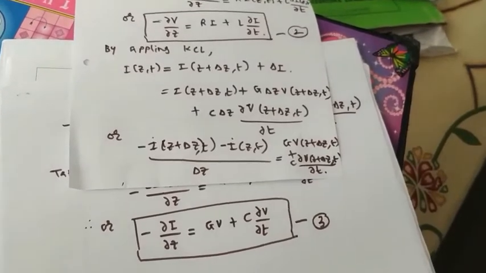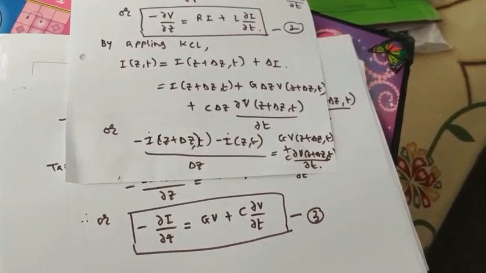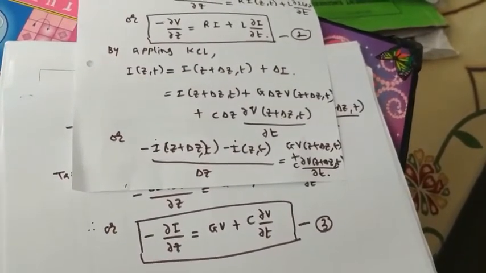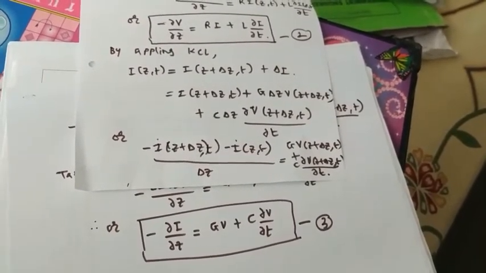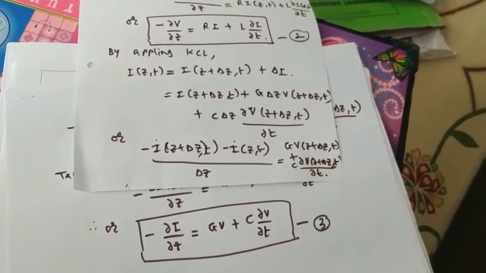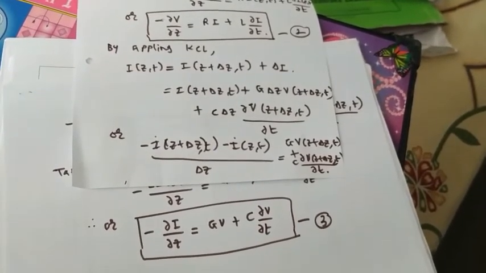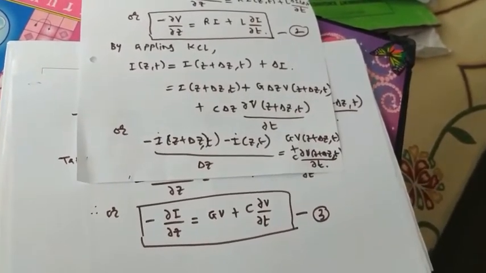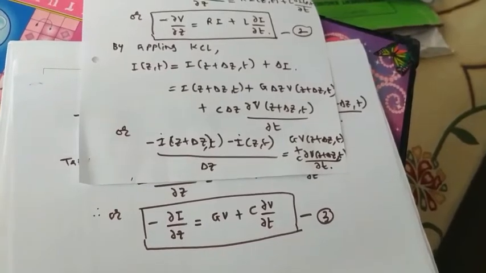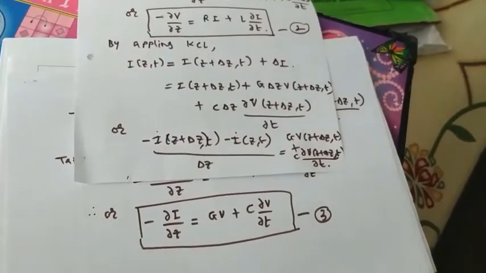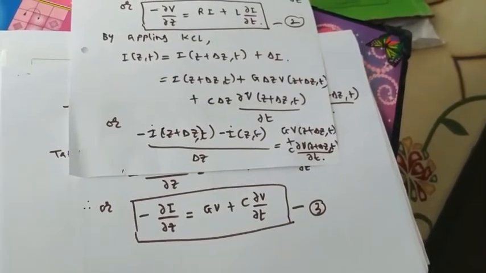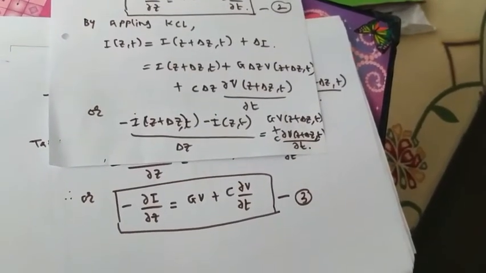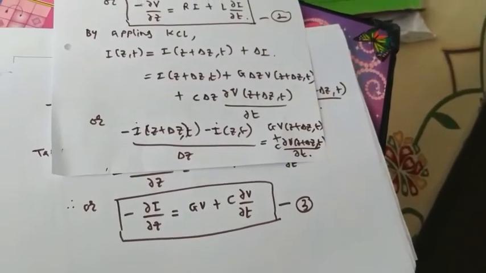Using these two, equations 2 and 3, where equation 2 is a differential equation of the voltage and equation 3 is a differential equation of the current, we will try to find a single equation which expresses the transmission line equations.